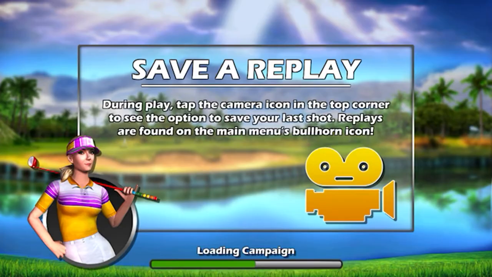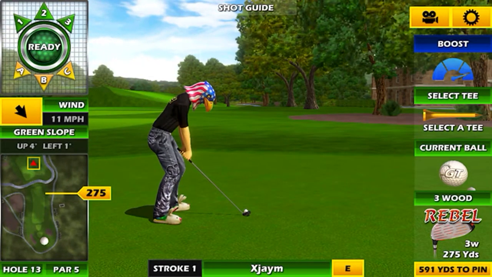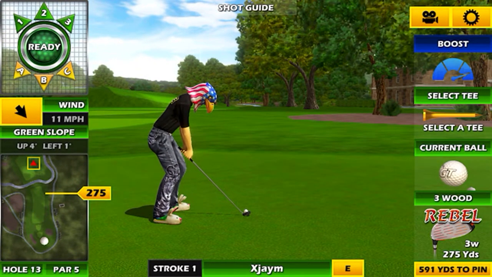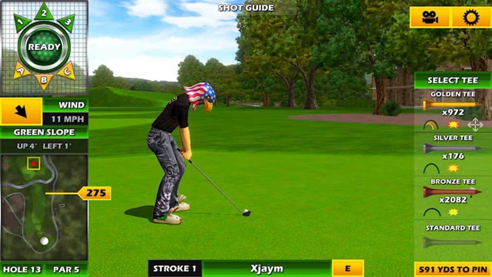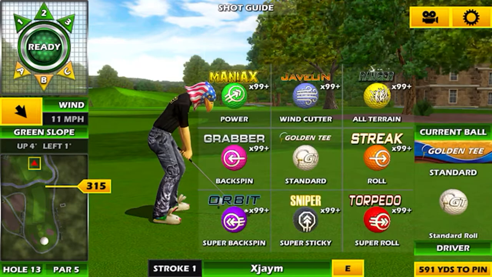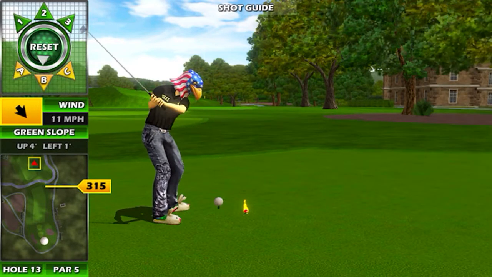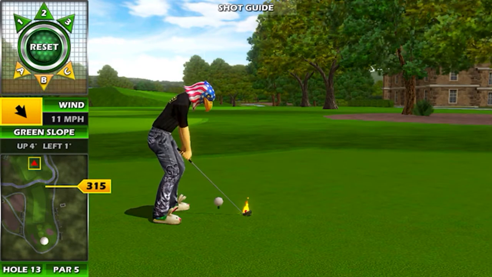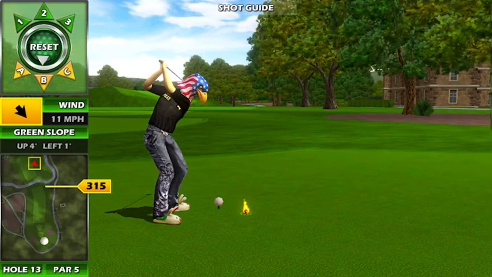Maybe, I don't know. Yeah, here it is. The one where you have to... I don't think the rebels are going to make it nearly as much. I don't think this is even going to clear the tree.